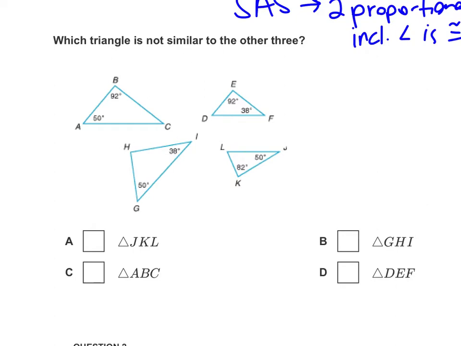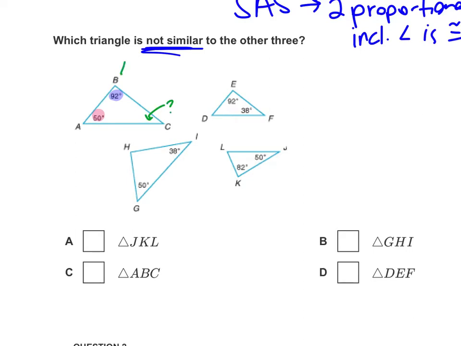We're asked to determine which triangle is not similar. Okay, so not being the key word here. And then I see that each of my triangles has two angles in them. So I want to look at my first triangle and say, okay, 50 and 92. In order to determine some similarities, I should probably know what my last angle measurement is.